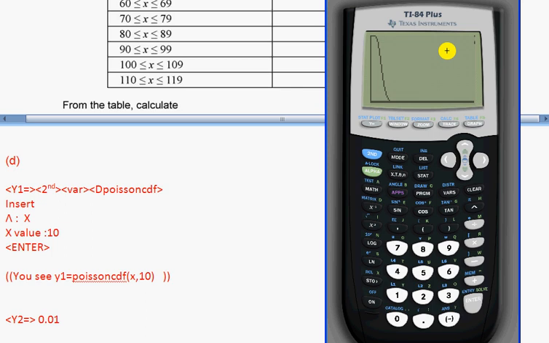So finally, what you do, you press second, trace, intersection, enter 3 times. It finished.